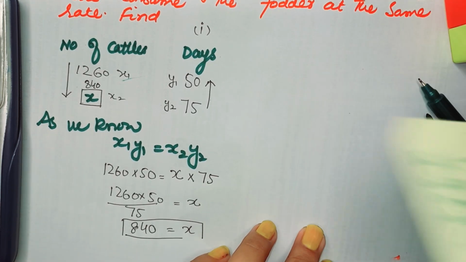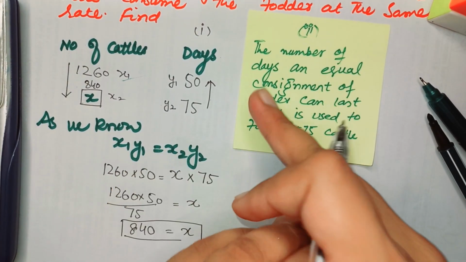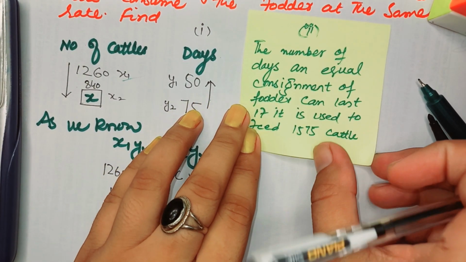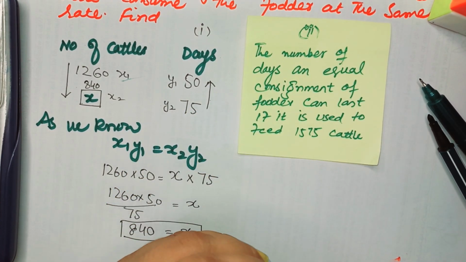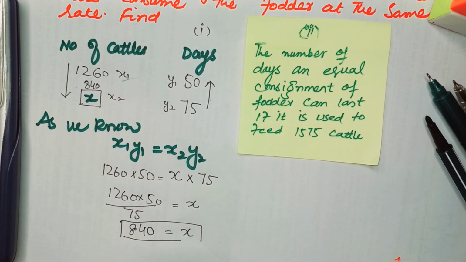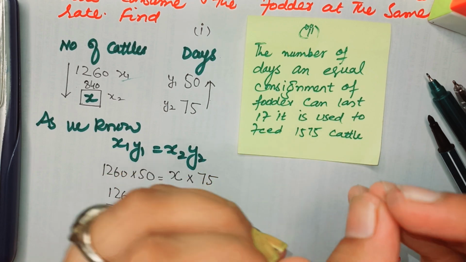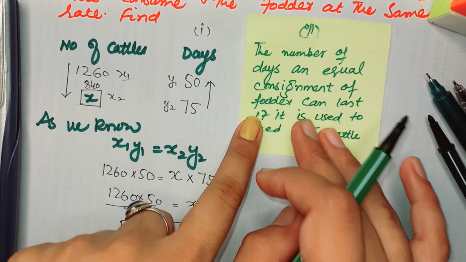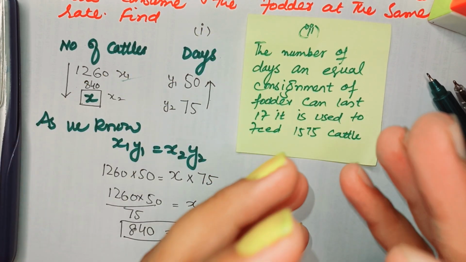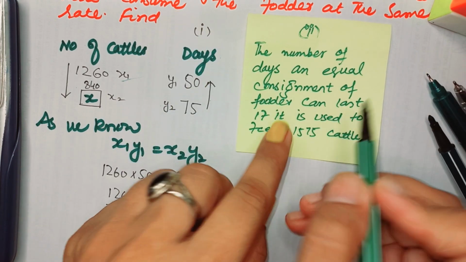Now in the B part, in the second part, we have number of days an equal consignment of fodder can last if it is used to feed 1575 cattle. Now they are saying कि अब हमारे पास अगर cattle 1575 हो जाते हैं, like अगर हम cattle ज़्यादा कर देते हैं, तो जो हमारा consignment of fodder है, जो चारा है, can last for how many days?